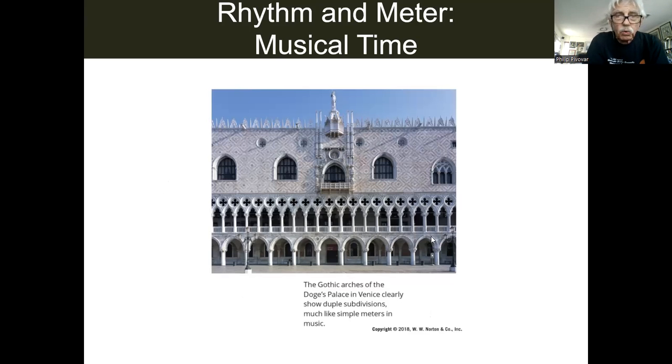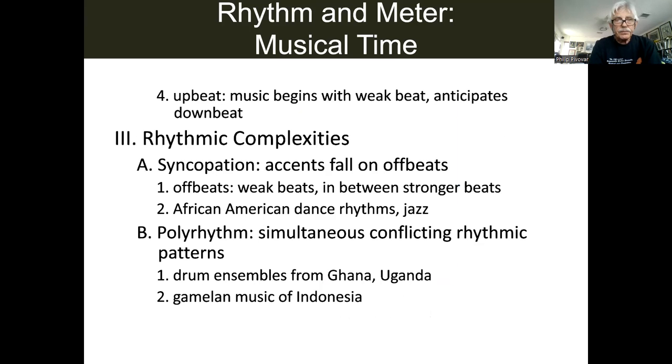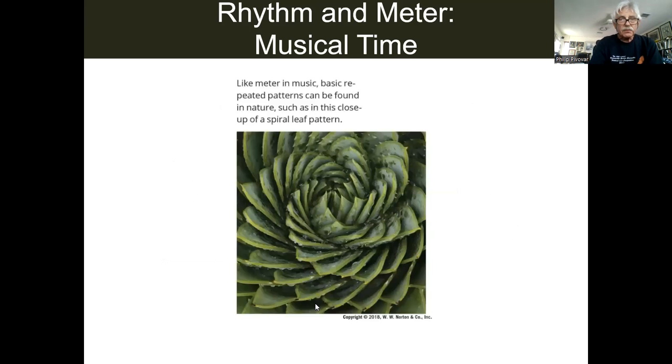And this is kind of like whole notes, half notes, quarter notes, and they're just divisions into smaller parts. Again, the word polyrhythm means that you have many rhythms at the same time. Gamelan music, we're going to talk about that and hear drum ensembles from examples of music for this.